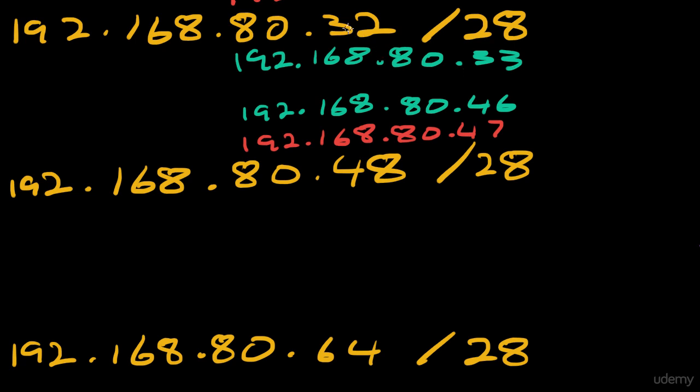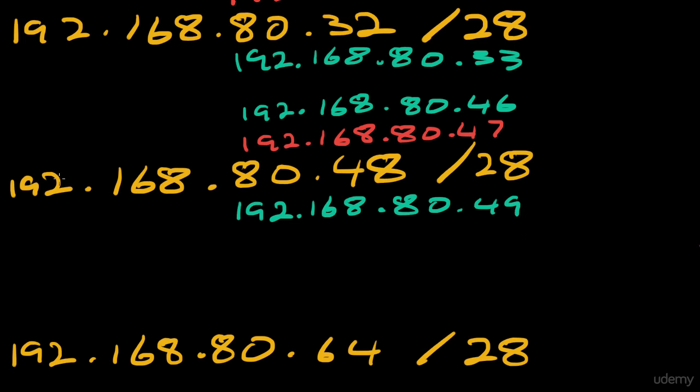So just remember, you have the network ID, the first valid IP. Looking at the next network ID and working backwards, you have the directed broadcast IP and then the last valid IP for the network. So let's wrap it up. For the 80.48 network, the first valid IP is 192.168.80.49.